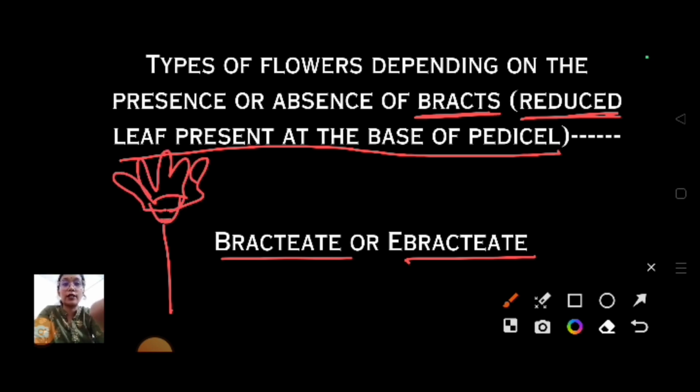This is a flower, these are sepals. Okay, so in this particular area, a small leaf-like structure is there. Reduced leaf-like structure. These are called bracts. Okay, the flower which contains bracts is called bractate, and the flower which does not contain the bract is called ebractate. Okay.